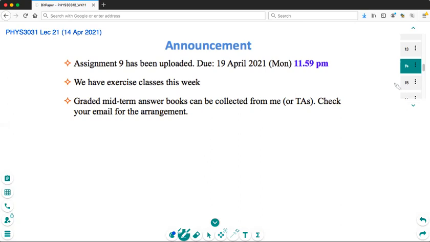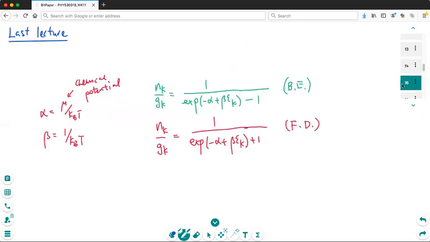All right, so I want to continue what we discussed last time. Last lecture, we derived this distribution, this important quantum statistics. There were many important steps, and you are required to learn how to get to this point.